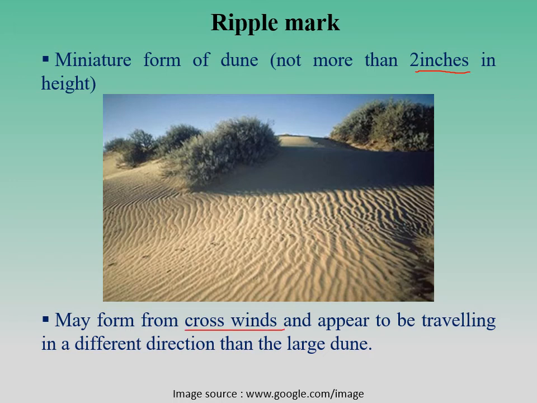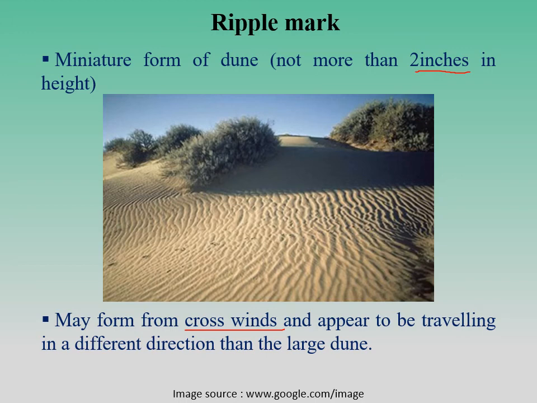So we often find in the Aeolian condition that above the large dunes, these miniature undulatory surfaces occur, and these particularly form when the energy condition of the wind is relatively low. So with higher energy, larger sediment size, and higher sediment supply, it forms dunes. With lower energy, smaller sediment size, and lower sediment supply, it forms ripple marks.